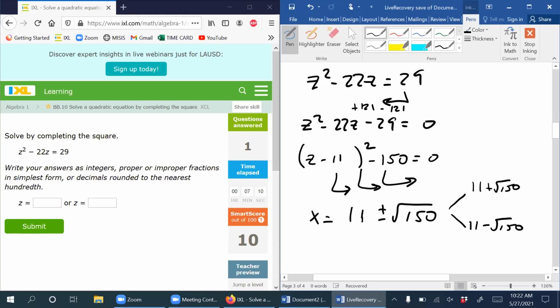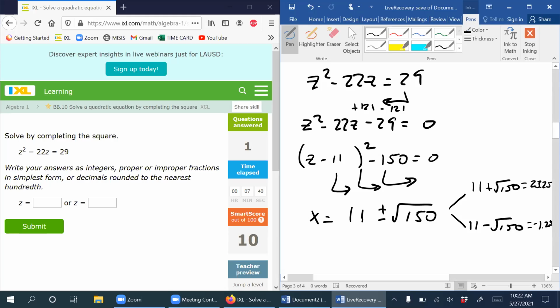So on my calculator, 11 plus the square root of 150 is 23.24, rounding up to 23.25. And 11 minus the square root of 150 is negative 1.25.